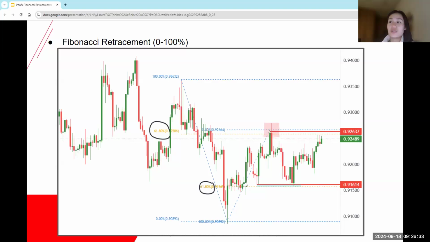This one is from the swing low to the swing high. This is also in line with a double swing low support. Okay, so subsequently, price bounced off this level and is moving towards our swing high over here, swing high resistance.